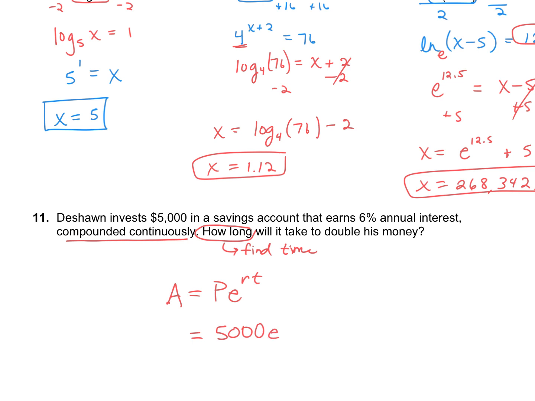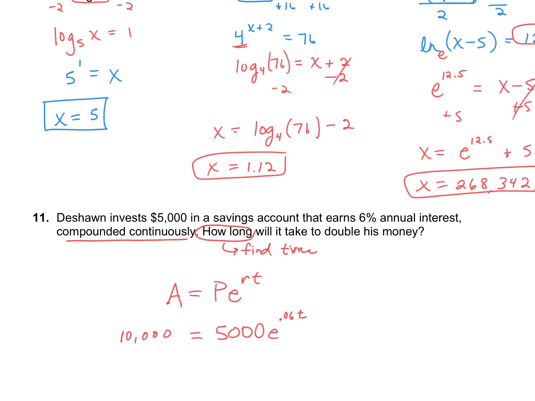R is the interest rate, 0.06, times t, which is what we don't know. And all of this is going to be equal to something over here. It says, how long will it take to double his money? So doubling 5,000 means we want to know when this is equal to 10,000. Okay, now we have an equation we can solve.